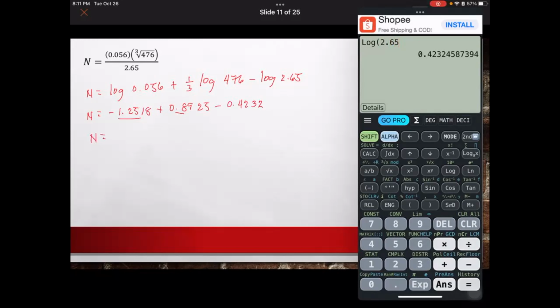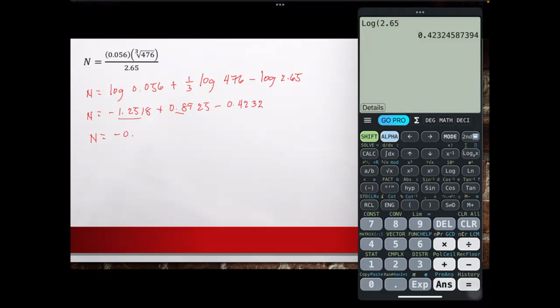So, simplify lang natin siya in short. So, pag simplify natin, magkakaroon tayo ng sagot na negative 0.7825. Then, apply natin yung antilog. So, 10 raised to negative 0.7825. So, to find for the n, shift, then log, negative 0.7825.